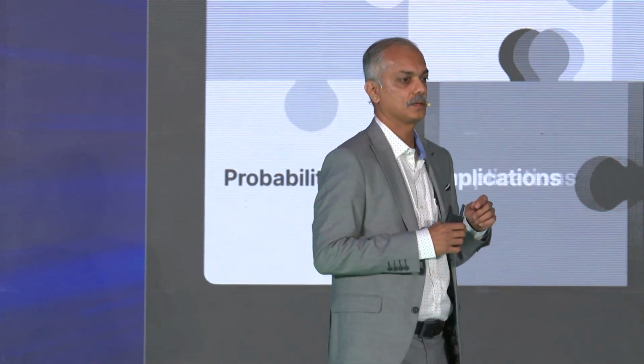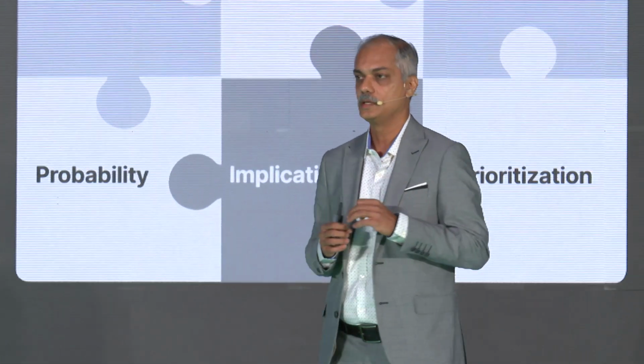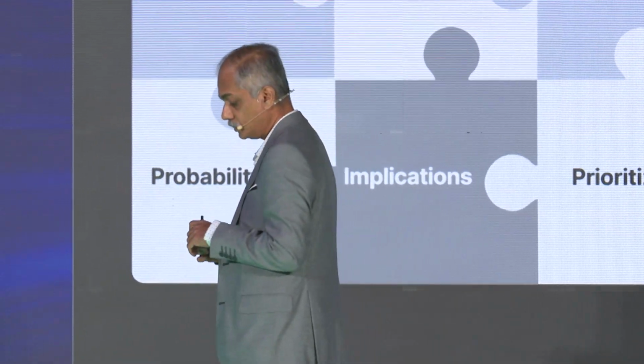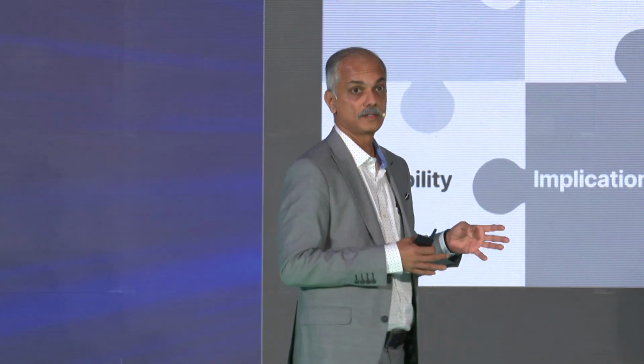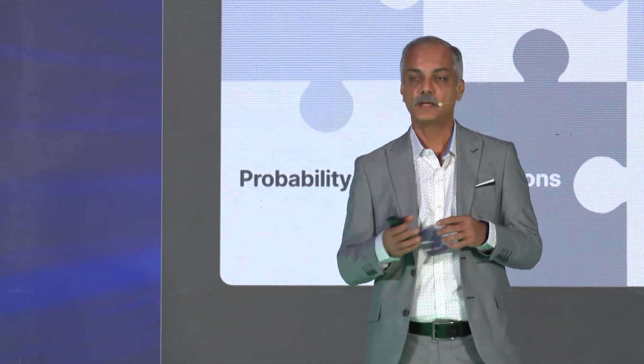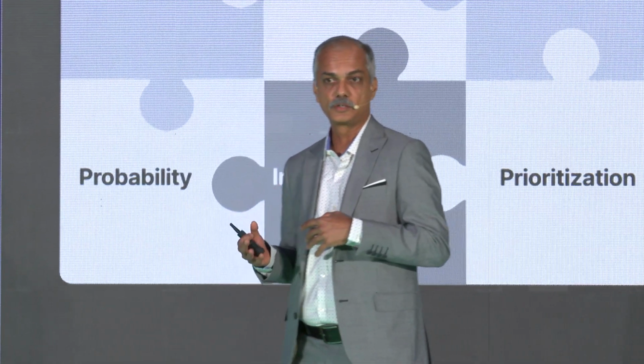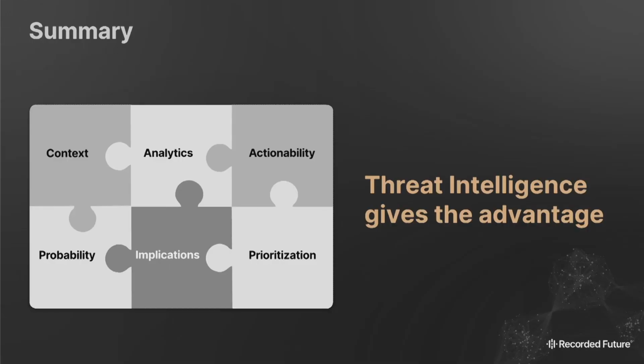Now, last but not the least, I would conclude this talk by saying threat intelligence helps to look beyond your internal telemetry and enhance your security controls and defenses with external threat data that threat intelligence provides, that is much more contextualized, that is much more analyzed as well.